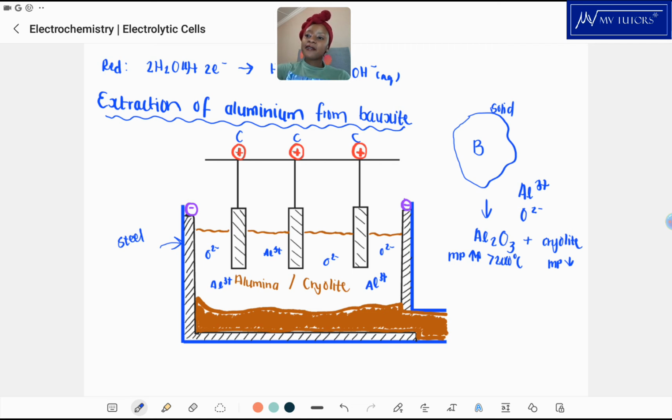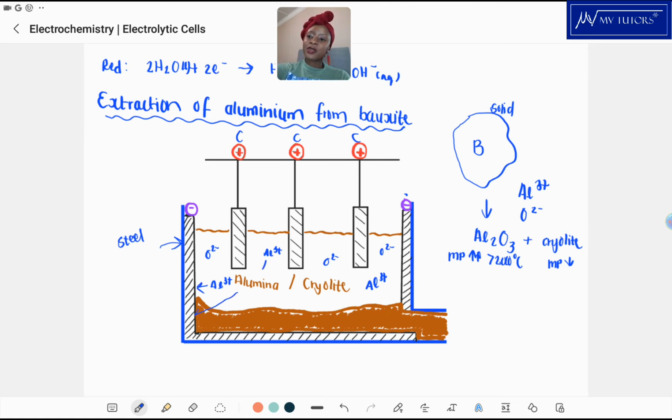Then lined on the steel covering is also graphite, and that is basically your cathode. Hence I put the negative charges there. So basically what would happen, because you want aluminium, remember your cathode is negatively charged, so your aluminium will go all the way to your cathode, right?